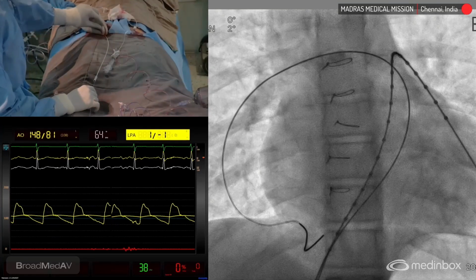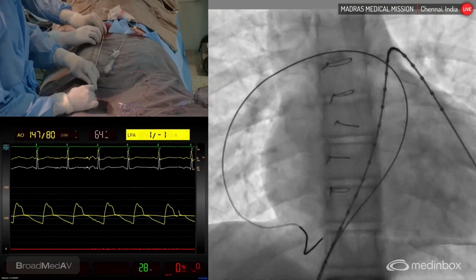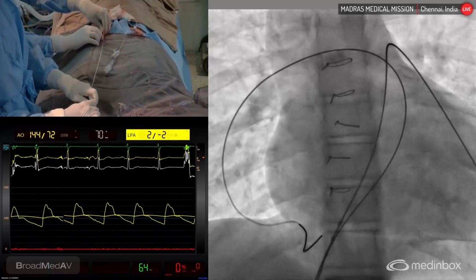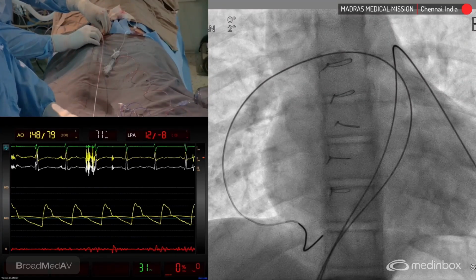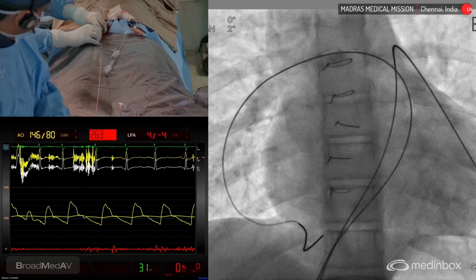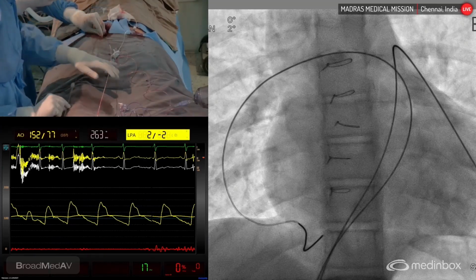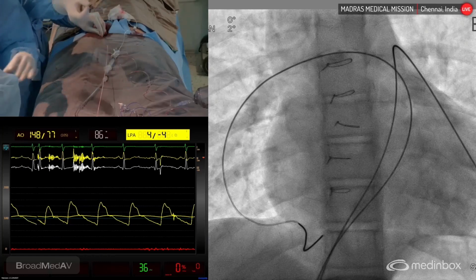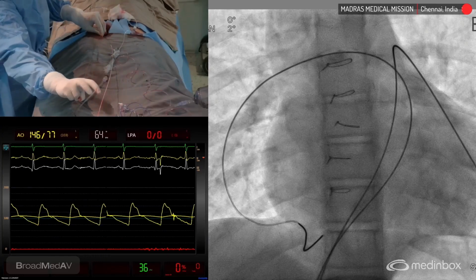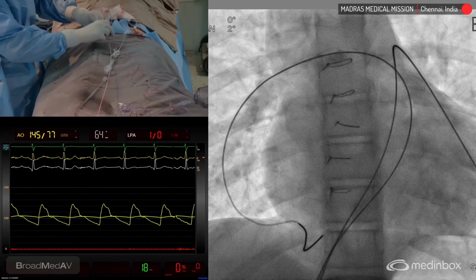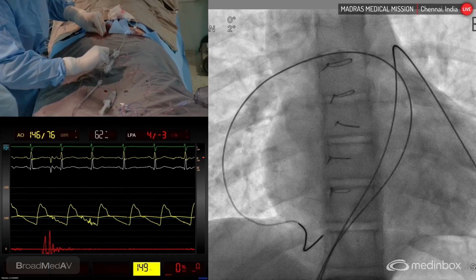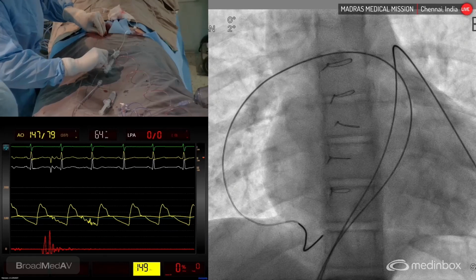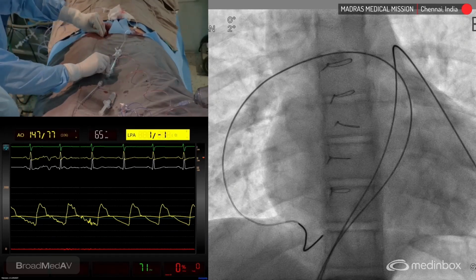So this is a Lunderquist wire in the right pulmonary artery and an Amplatz superstiff wire in the left pulmonary artery. I am removing the marker pigtail. We now need a sheath that will go through both these wires. There is a particular type of sheath. I'm going to demonstrate that sheath. Give me saline.